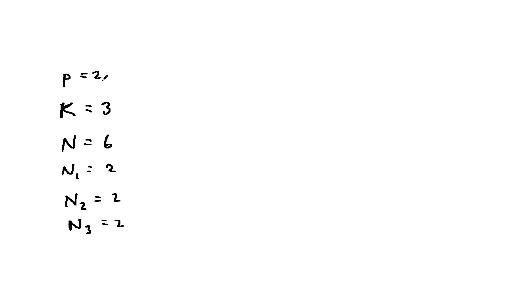The number of classes, big K, is 3. The total number of data points, N, is 6. The number N1 of data points in class K1 is 2. The number N2 in class K2 is 2. And the number N3 in class K3 is 2.